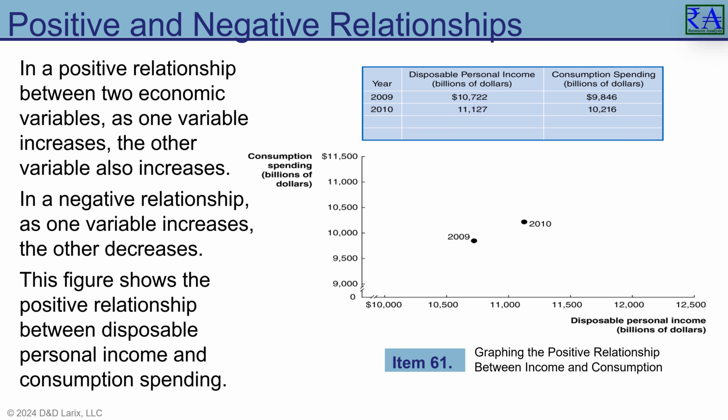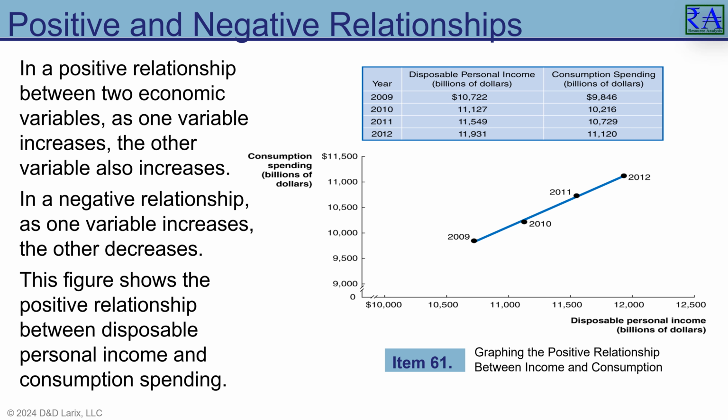For example, consider the relationship between disposable personal income and consumption spending. This figure shows data over several years, with disposable personal income rising from $10,722 billion in 2009 to $11,931 billion in 2012.